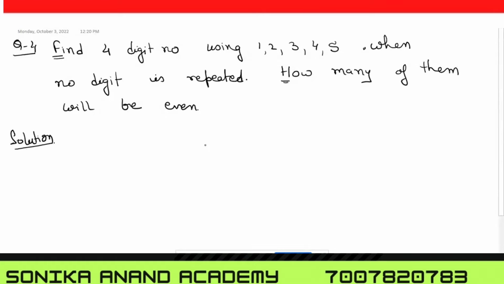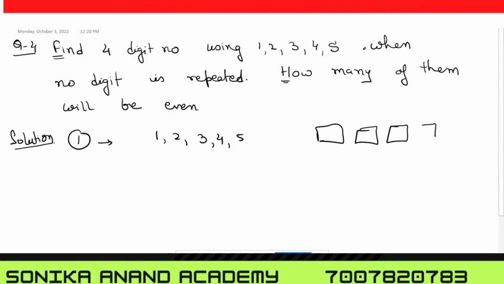For the first one, we have five choices and we have to make a four-digit number. So the value of n becomes 5 and the value of r becomes 4. No digit is repeated, so we use our permutation formula. I think it's so simple.